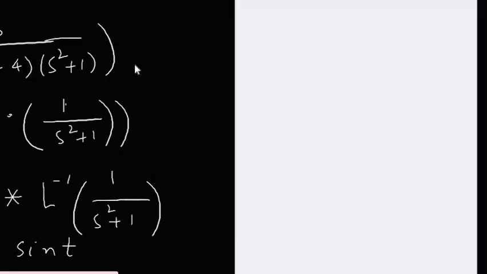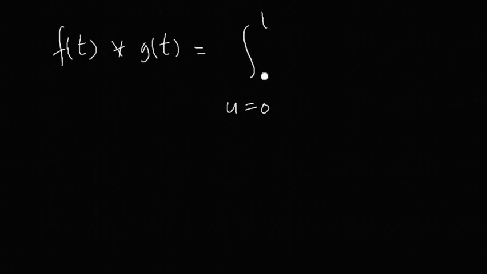Now just I'll give the hint of convolution, that f of t star g of t will be equal to integral u equal to 0 to t, a new variable u you are introducing, and the first function will be written in terms of u, and the second function will be written in terms of t minus u. You just remember u minus u getting cancelled like this. That is the way of remembering.